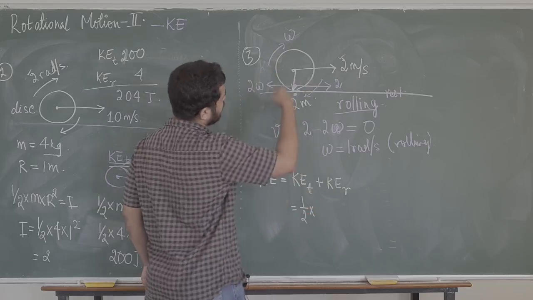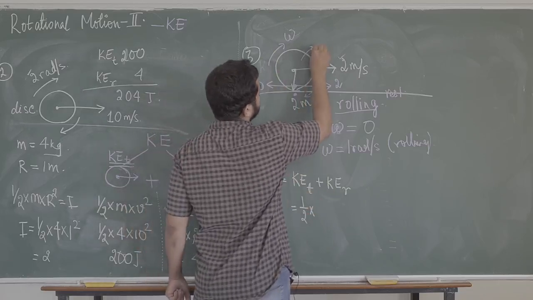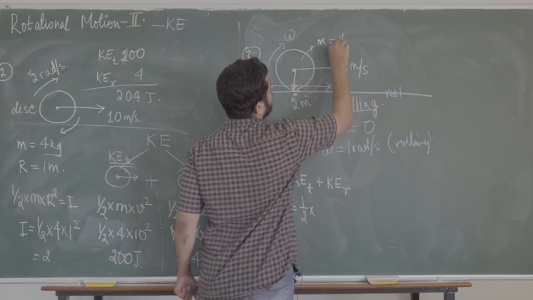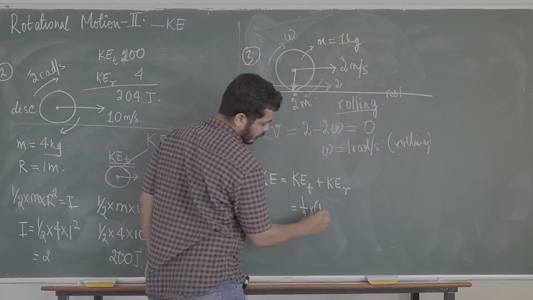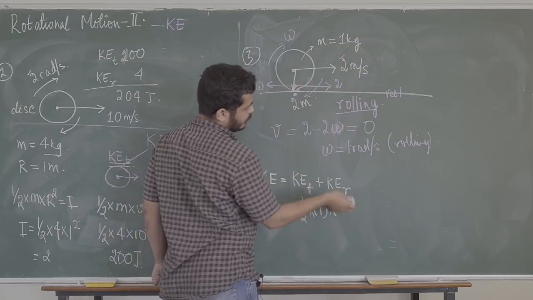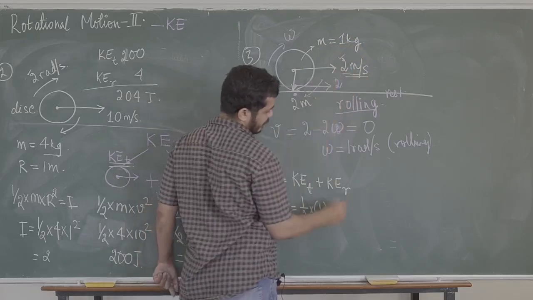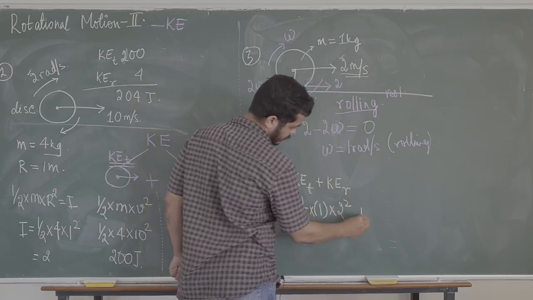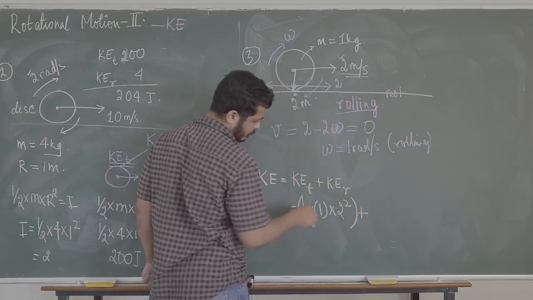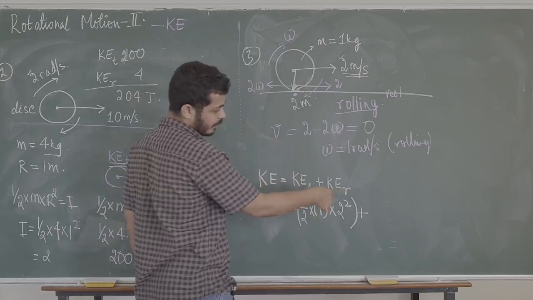What is the mass of this thing? I did not give you a mass, so let us say the mass is equal to 1 kg. Let's just take some simple values so we can solve it. So half into 1 into v squared. So v is 2 meters per second. So half mv squared, plus what is the thing for rotation?